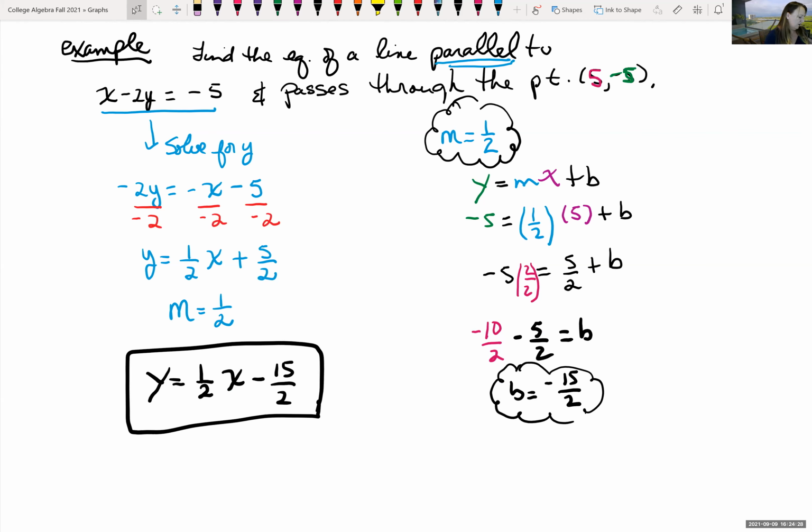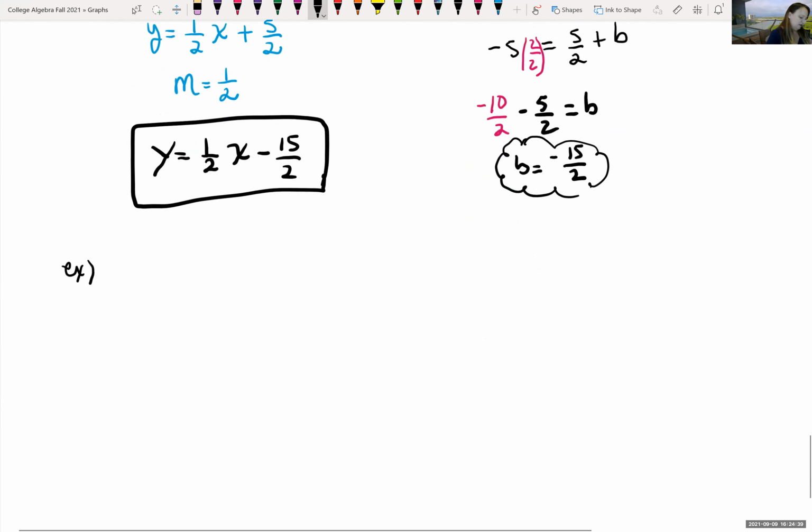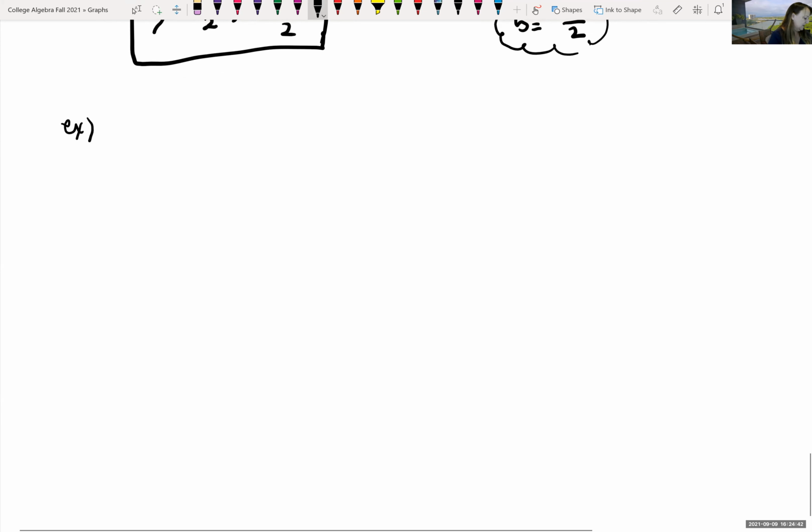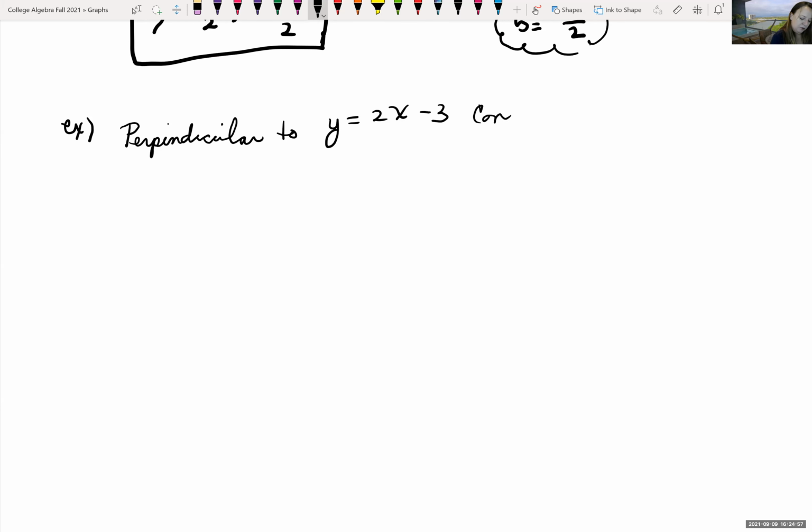So let's look at one more. What if it said perpendicular to y equals 2x minus 3, containing the point 1, -2.